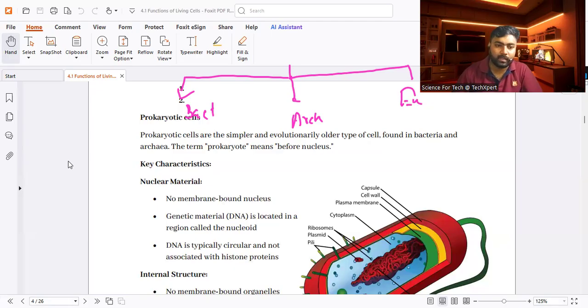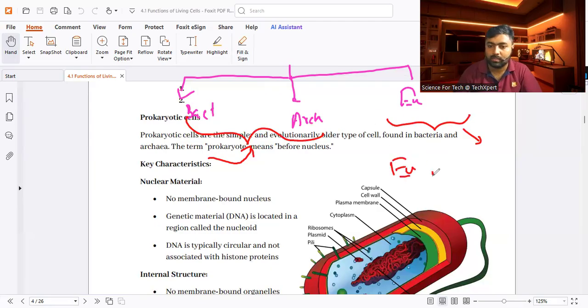All the cells in the bacteria and archaea domains are prokaryotic cells. The eukarya domain is known as eukaryotic cells. Eukaryotic starts with "eu", so simply we can understand that. Understood?